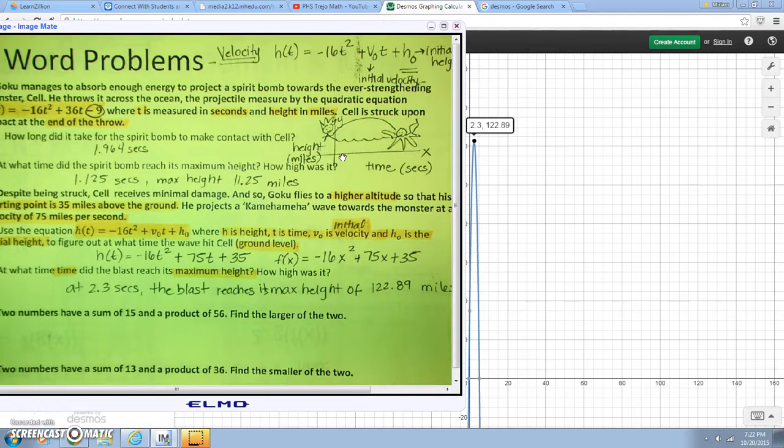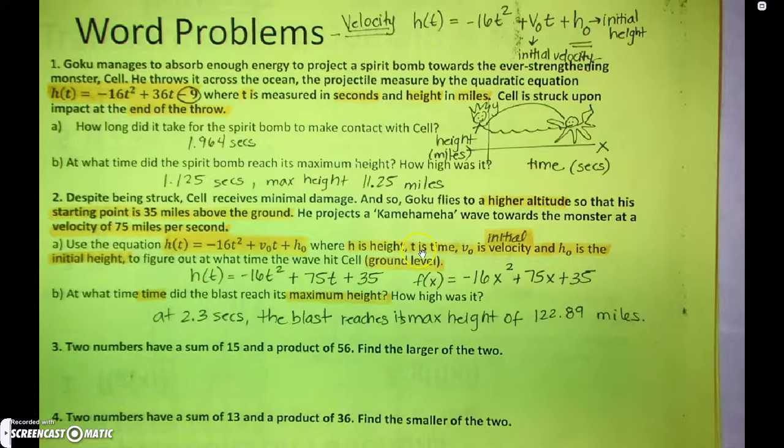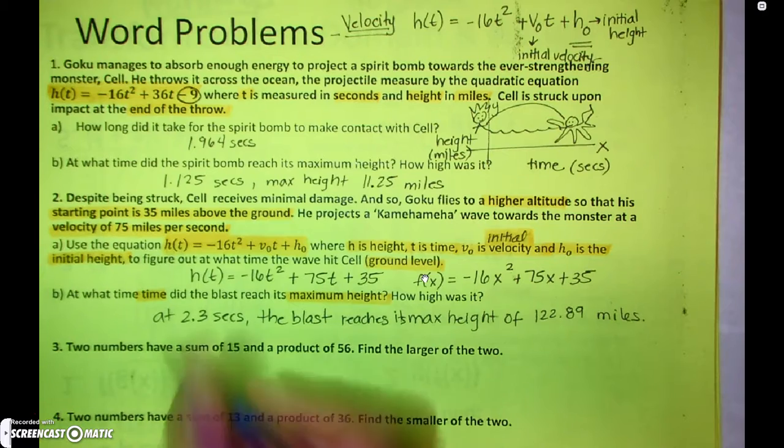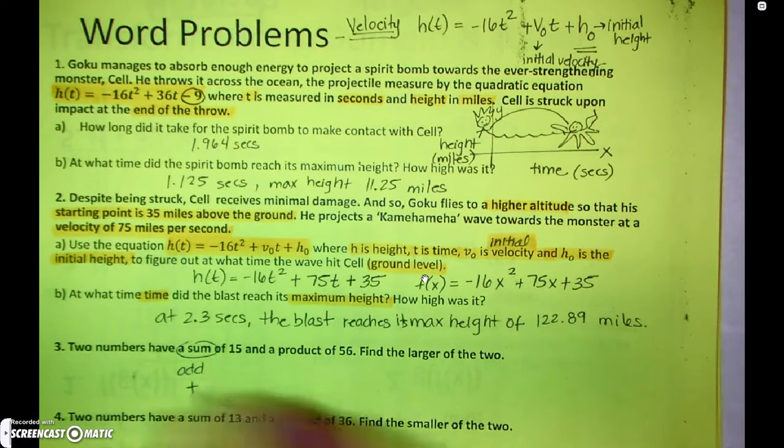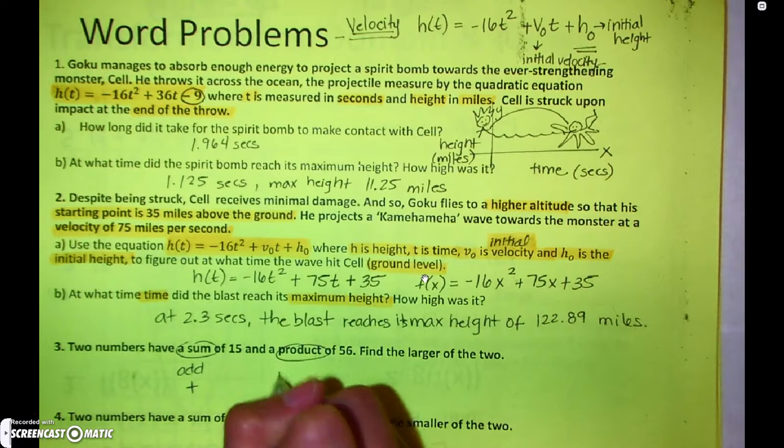Now you guys know velocity. You know velocity when the height is equal to 0 and when the height is equal to something other than 0. The last two problems, word problems here, are two numbers that have a sum of 15 and a product of 56. What does sum mean? Sum means to add, and product means to multiply.